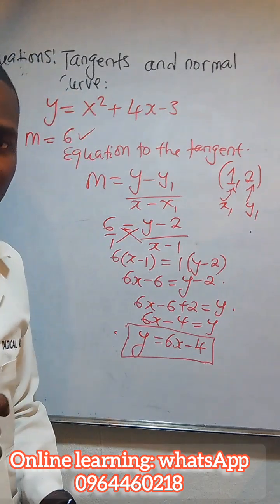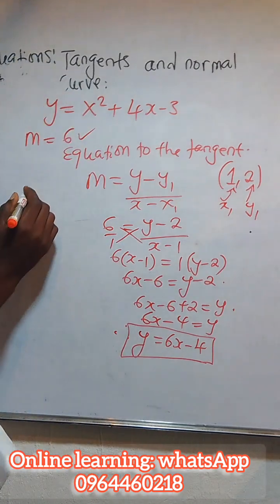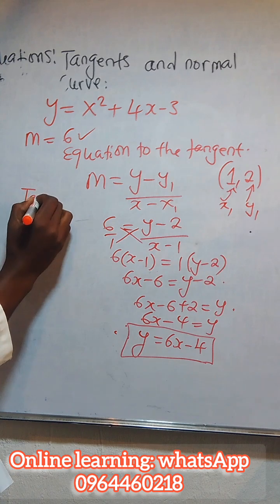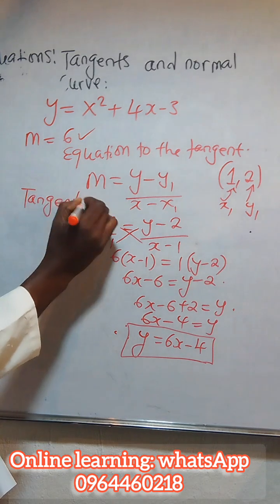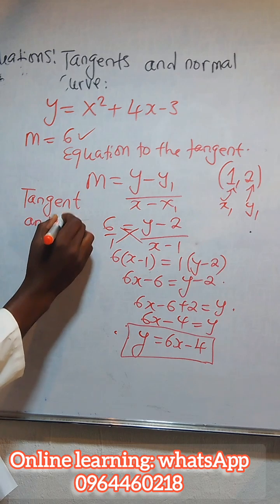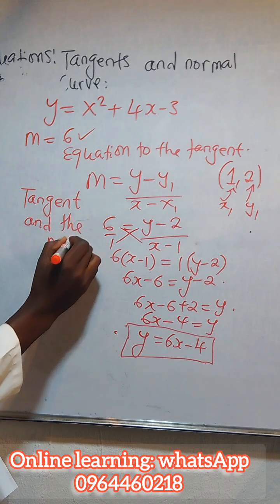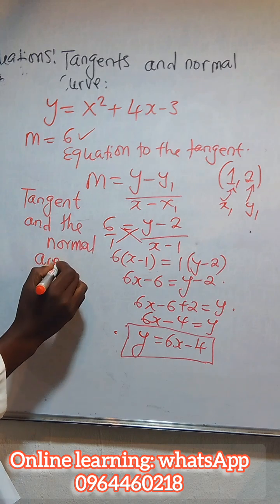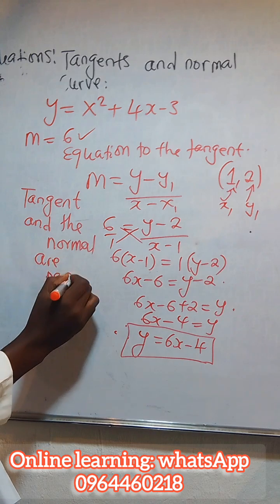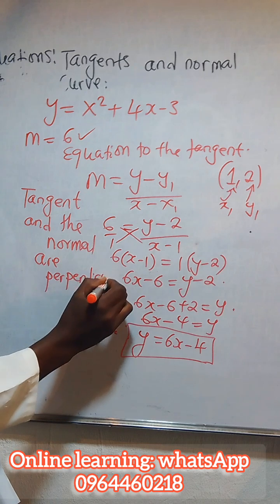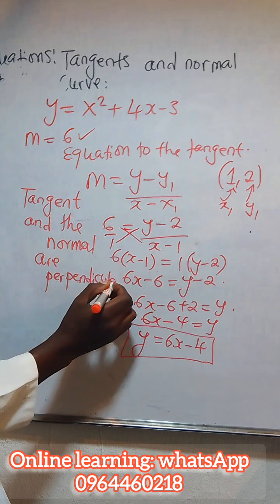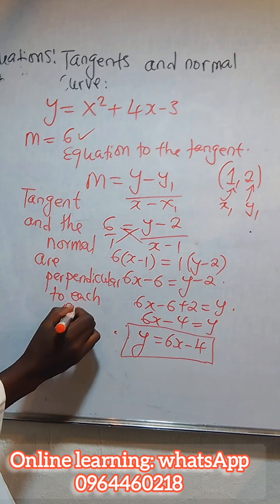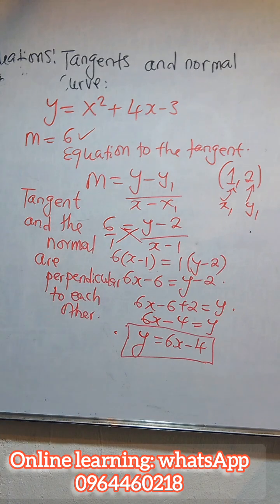Now, I want you to understand one thing: the tangent and the normal are just perpendicular to each other.